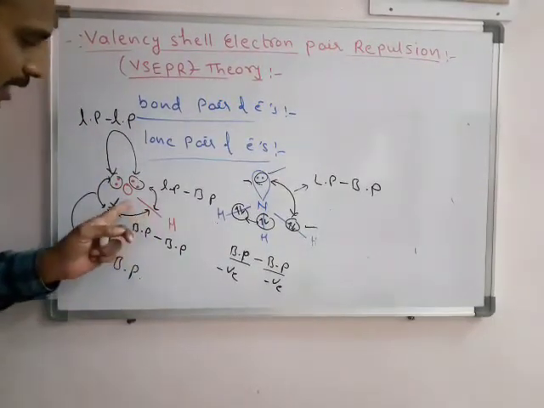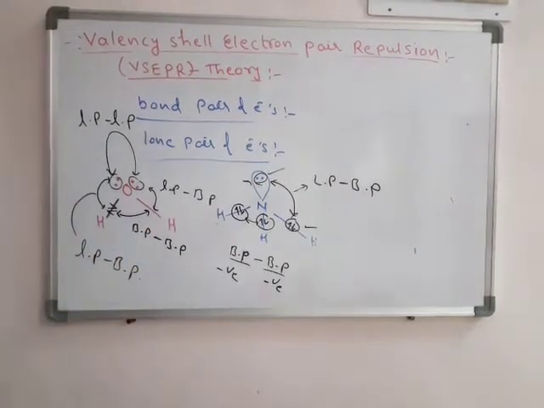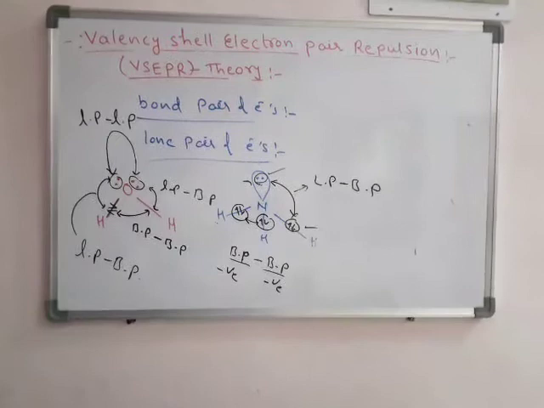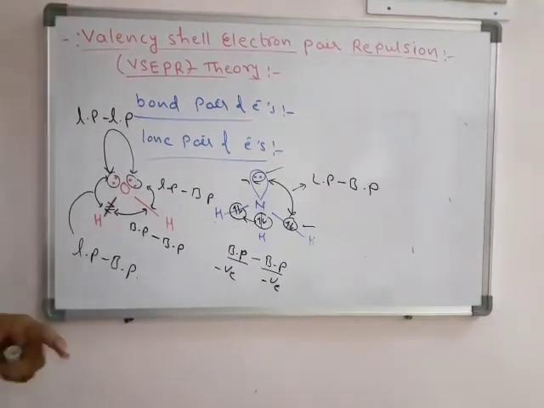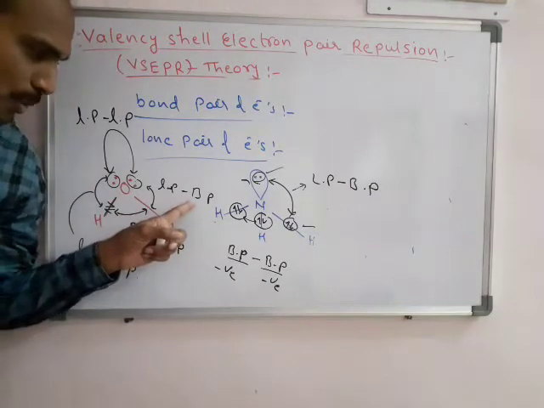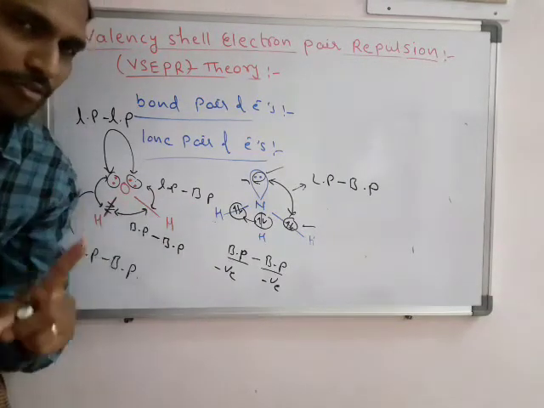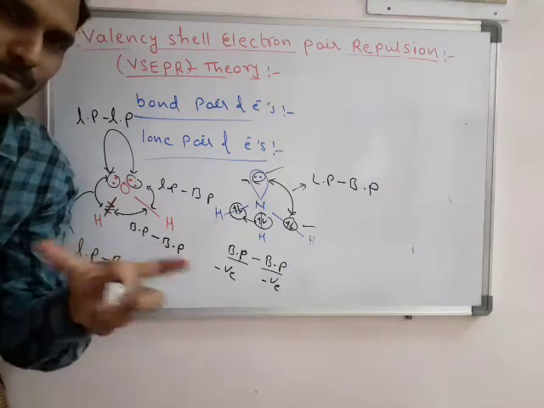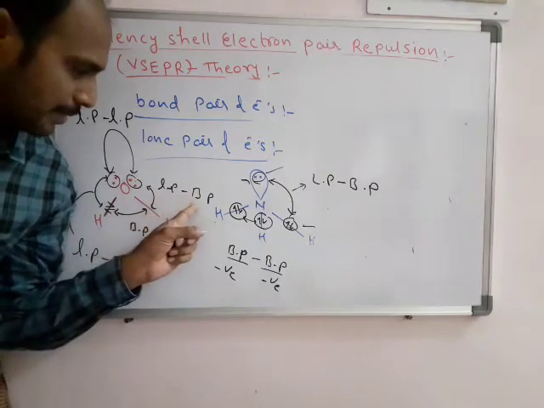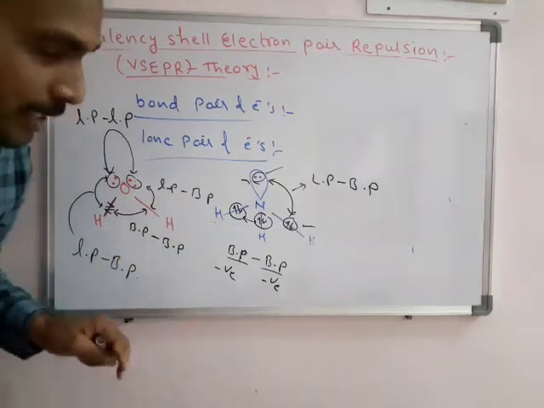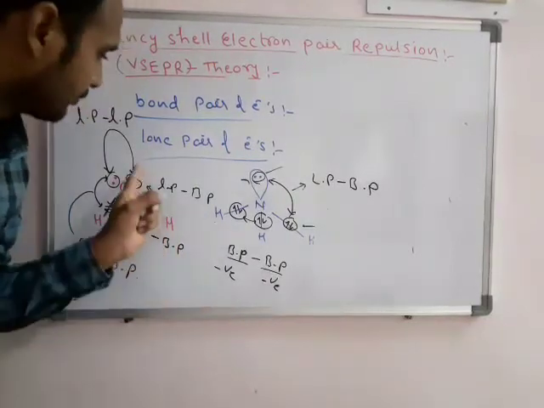A BP is totally under control, so BP is negligible. LP-BP is low. A BP is under control, but an LP is under the control of only one nucleus. It occupies more space with high movement. So LP-BP repulsion is somewhat more than BP-BP, but LP-LP repulsions are very high compared to LP-BP.